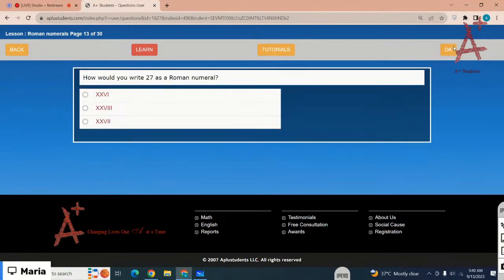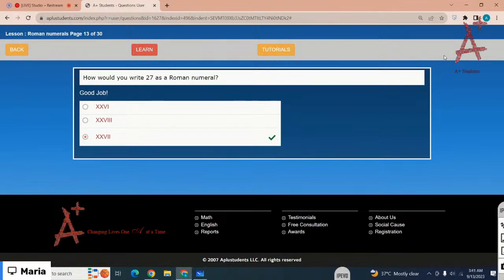How would you write 27 as a Roman numeral? So which is the correct option? How do you write 27? That would be 10, 20 plus 7, right? It would be XXVII. That would be the last option, right?